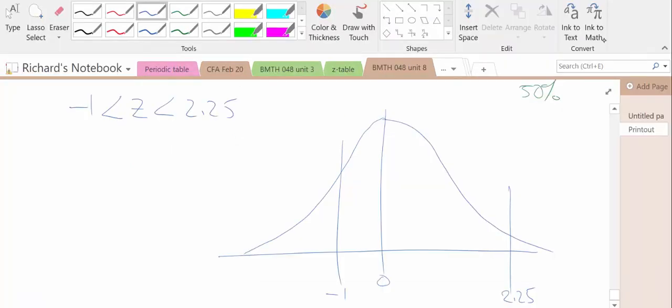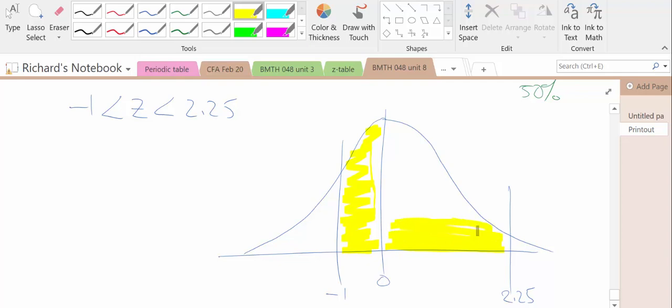So now we're asked to find what percent of the data is between a z value of -1 here and a z value of plus 2.25 here.